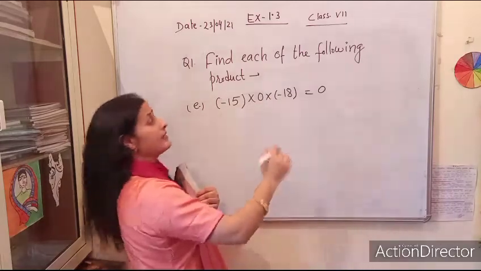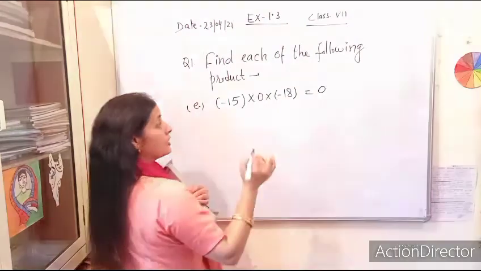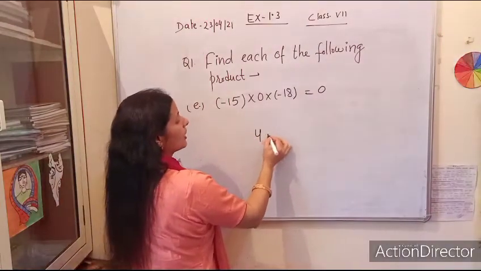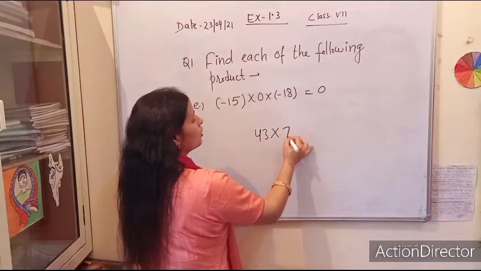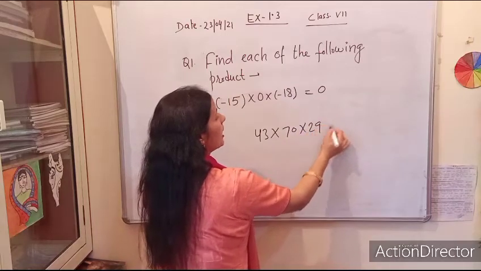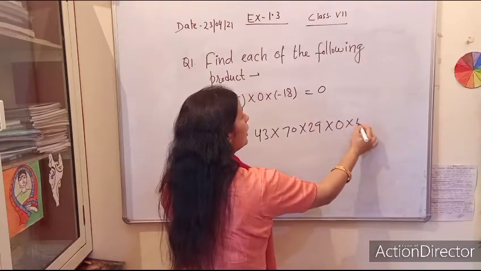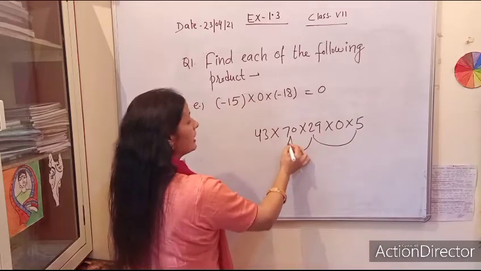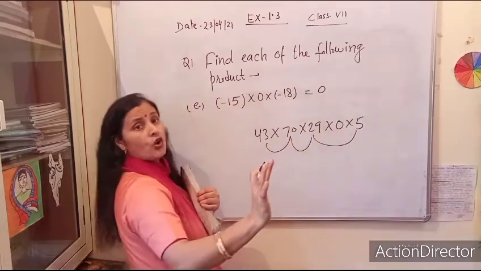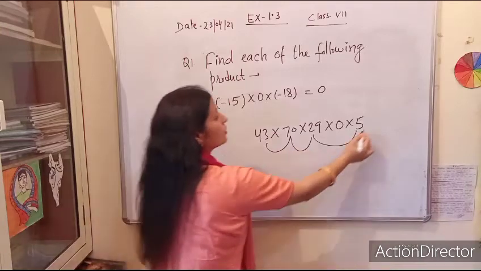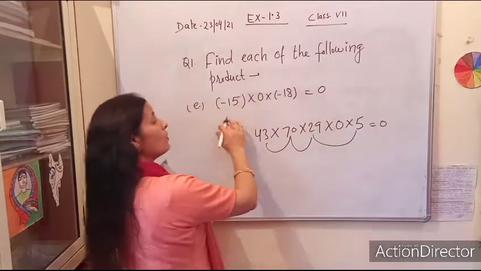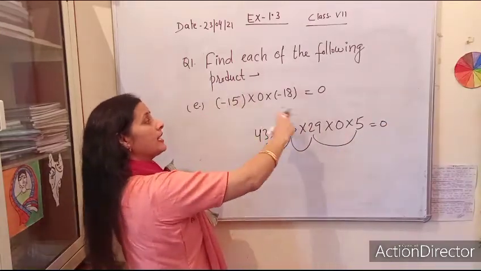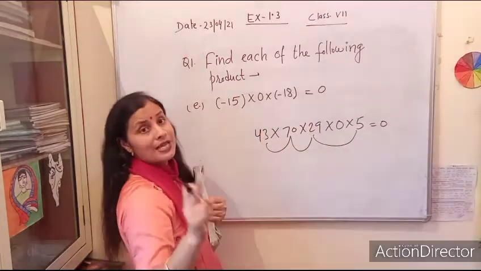Don't do anything else. If there is 0 in the multiplication, for example in a bigger calculation like 43 into 70 into 29 into 0 into 5, there is no need to multiply 5 with 29, then 70, then 43, then finally 0. Directly you can write the answer 0, because if we multiply any number or integer with 0, the answer is always 0.